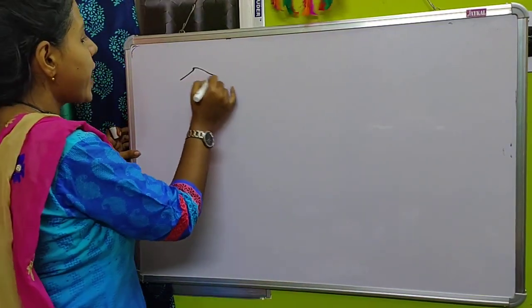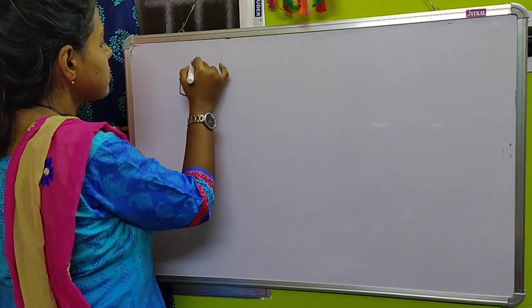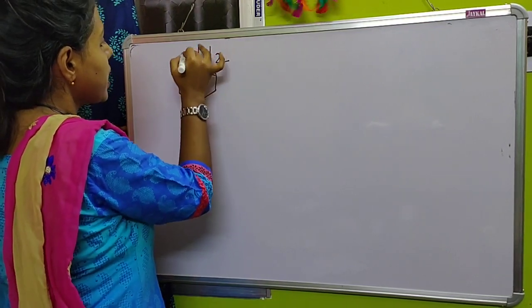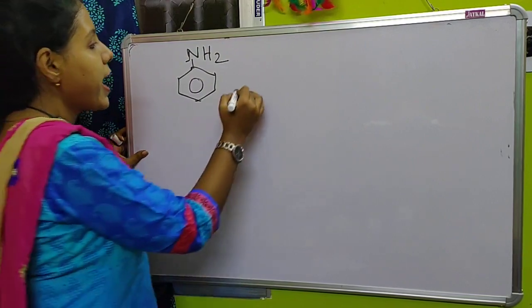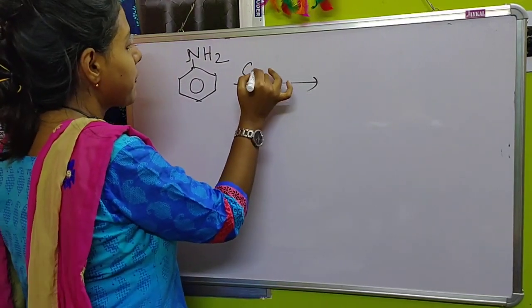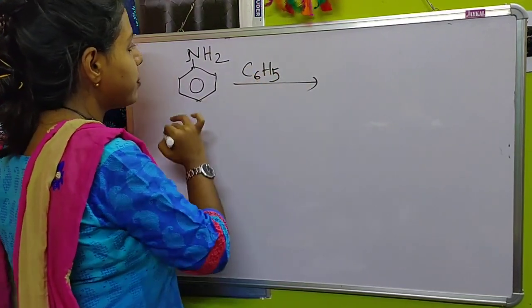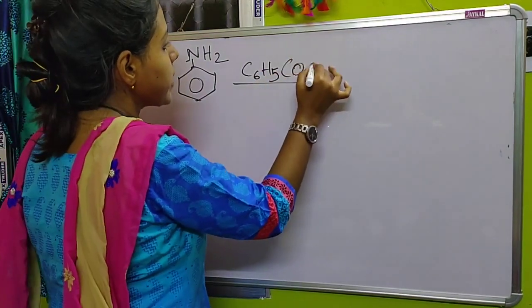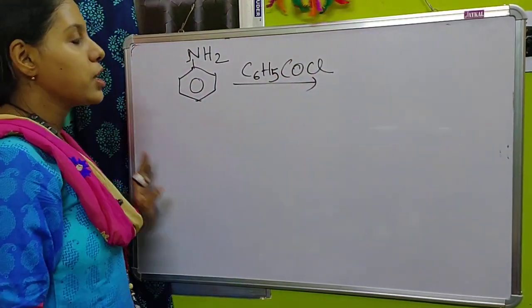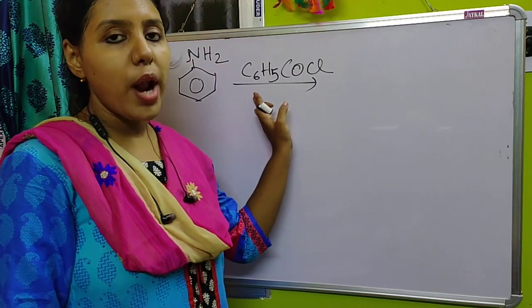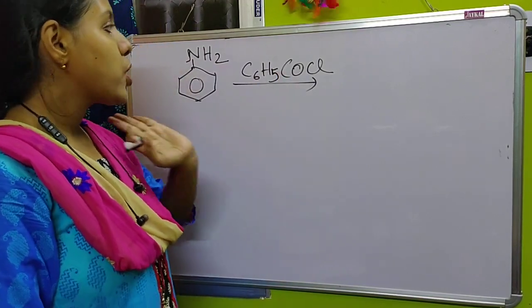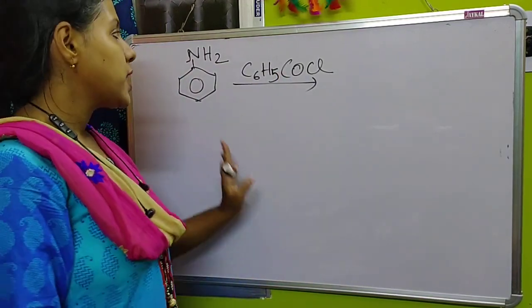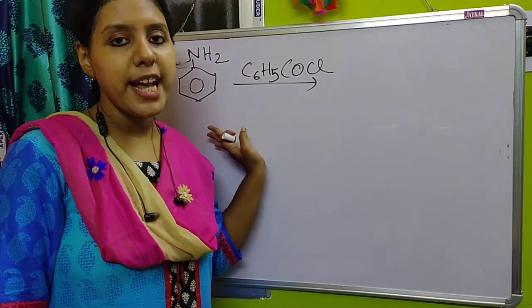Suppose we have taken aniline, and you have added here C6H5COCl, that is benzoyl chloride. It is the same type of reaction that you have seen in case of primary amines.